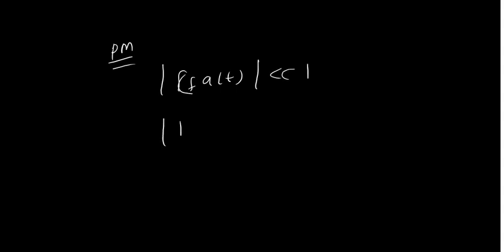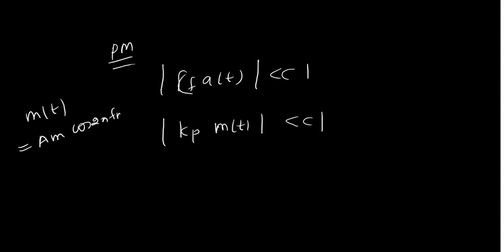And similarly, if you derive it for PM, let us do it for PM, CF is Kp, it is your mt, and for the case of a sinusoidal signal, this is Kp in the max, sorry, I always forget to put max.